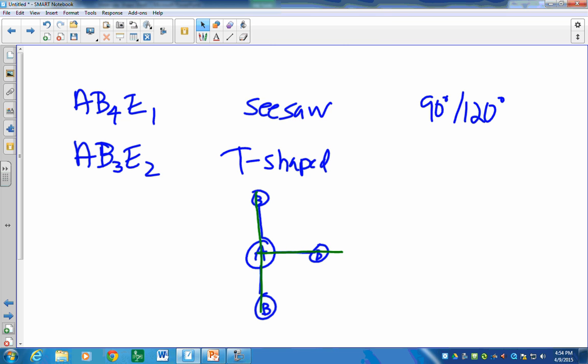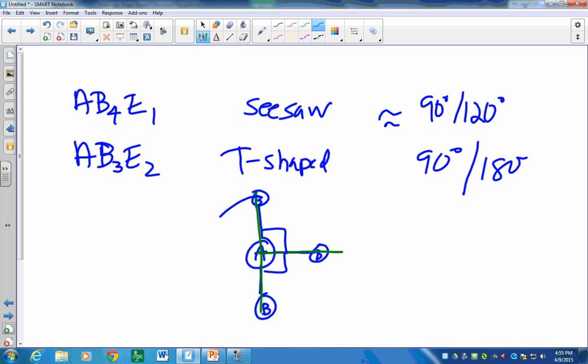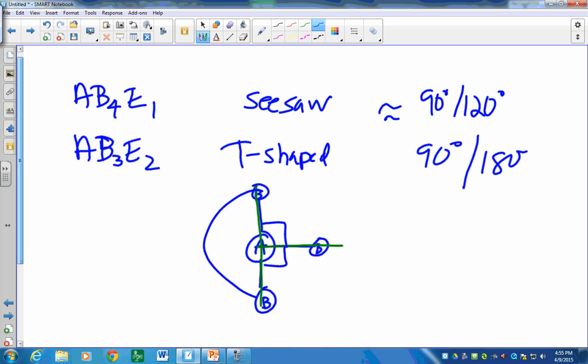And so what happens is on the AB5, this is why you get extra credit, the bond angles aren't all the same, and by the way, going up here, this needs to be approximately. These bond angles are 90. Can you see the 90? And 180. Can you see the 180? And so we have to say that. And then, let me extend this.